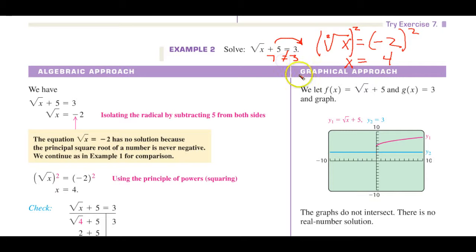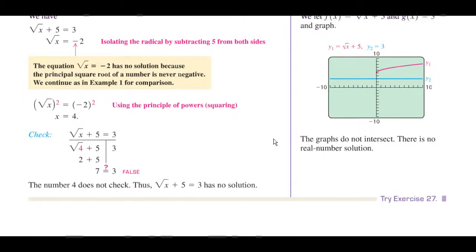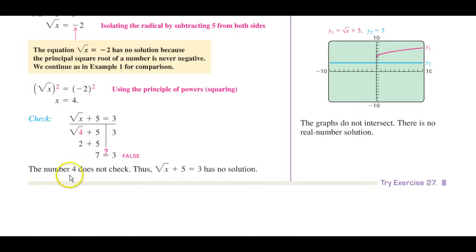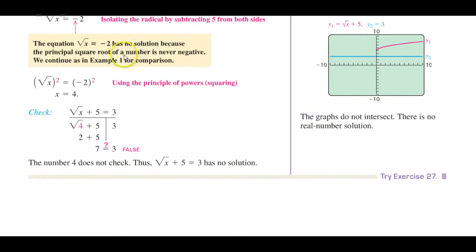So that is not true. By having the square root of something equal a negative, that's going to generate one of these erroneous roots. So we say then, for this, there is no solution. The number 4 does not check. Thus, the square root of x plus 5 equals 3 has no solution. So you have to be careful on these.